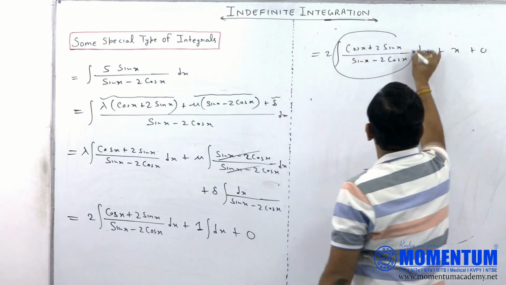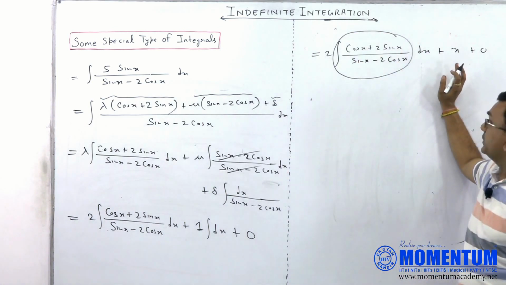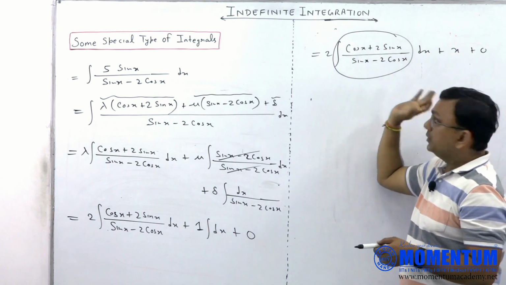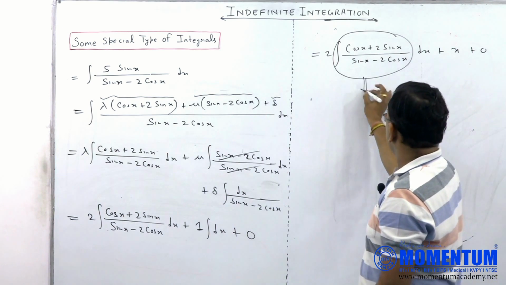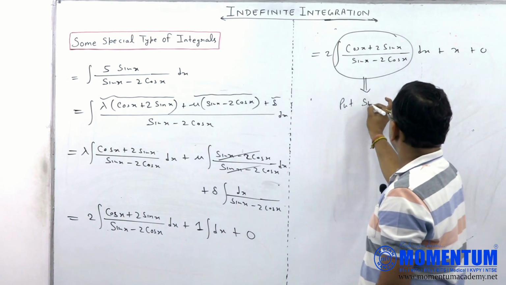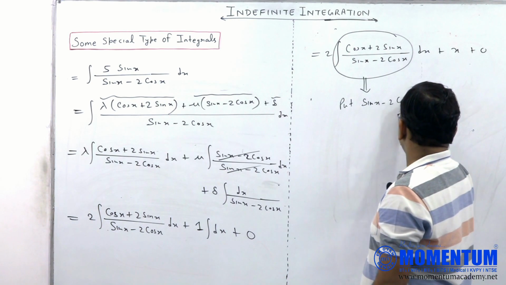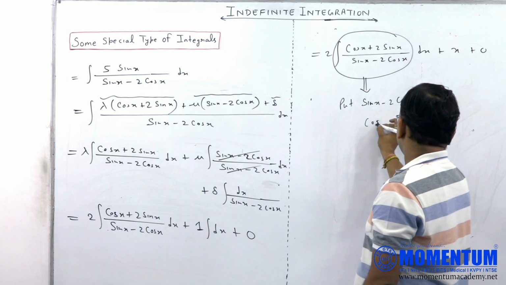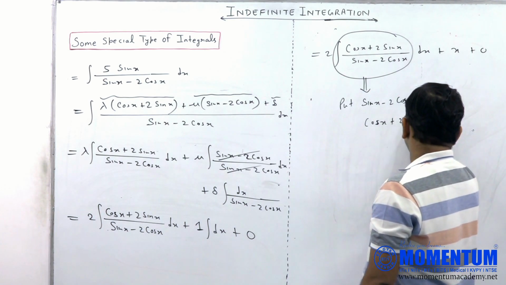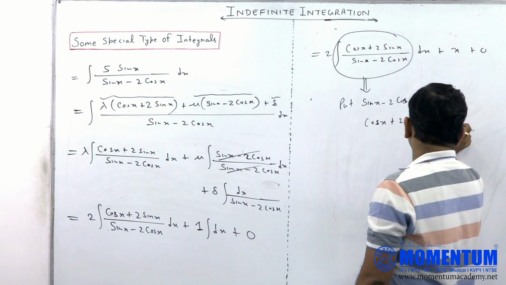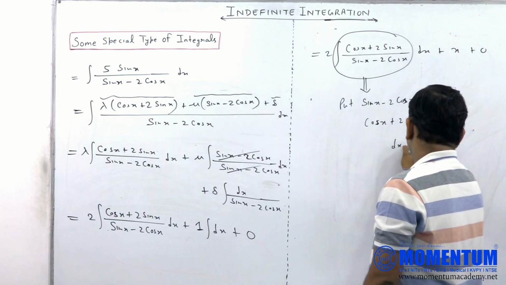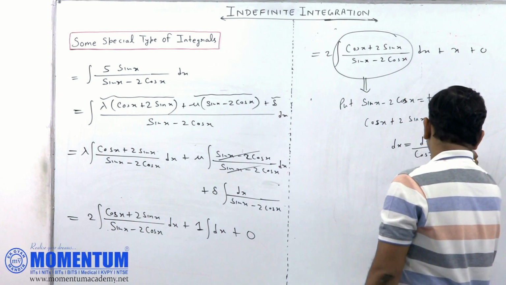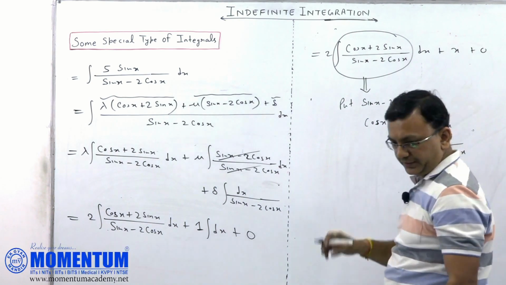Now, check this integral. Do we have the substitution method here? The differentiation of the denominator is coming in the numerator. So now we will do this integral by making a substitution, that is sin minus 2 cos x is equal to t. So cos plus 2 sin x is equal to dt by dx, and dx is equal to dt upon cos plus 2 sin x. Is it?